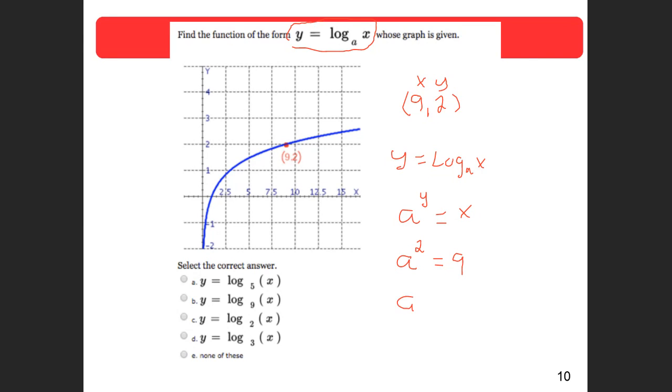So a is equal to 3. So all I have to do is put 3 in here, and I'm done with my problem. So y is equal to the log base 3 of x, which is letter D again. When in doubt, choose letter D. That would be my philosophy.